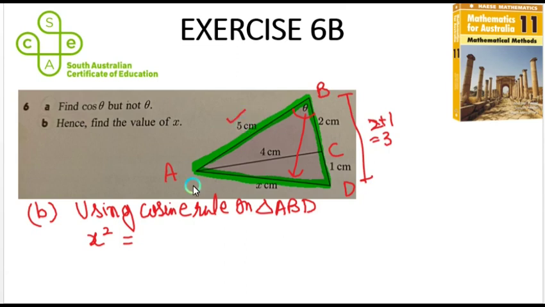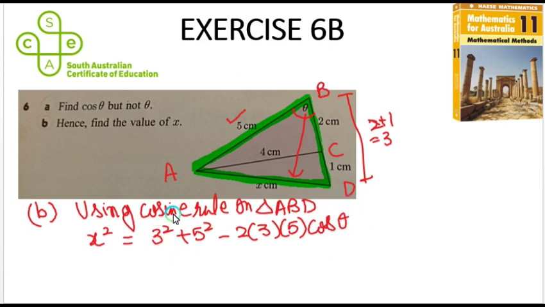And this side is 5. So 3 square plus 5 square and minus 2 times the same side, 3 times 5. And then cos of the angle is theta.